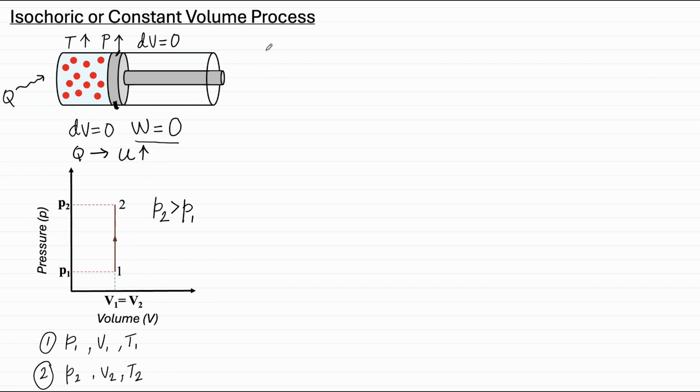Let's start with deriving the relationship between pressure, volume, and temperature. This relationship comes from the characteristic gas equation. The characteristic gas equation is PV equals nRT or PV equals RT.